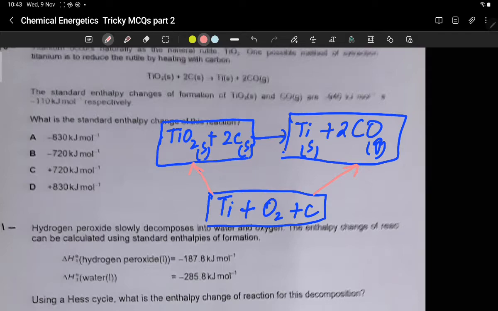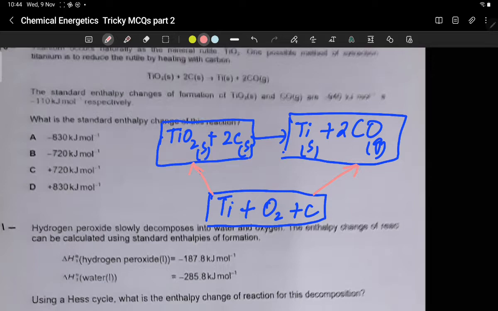The standard enthalpy changes of formation of TiO2 and carbon monoxide are minus 940 and minus 110 kilojoule per mole respectively.